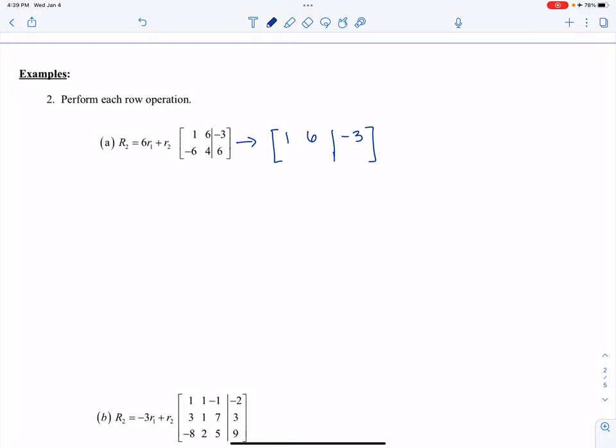Now, if we multiplied that by 6 and add it to row 2, we'll have 6 and -6, so 0. We'll have 36 and 4, which will be 40. And then -18 and +6, which will be -12. So that is our row operation. We multiplied by 6 and added it to the second row.